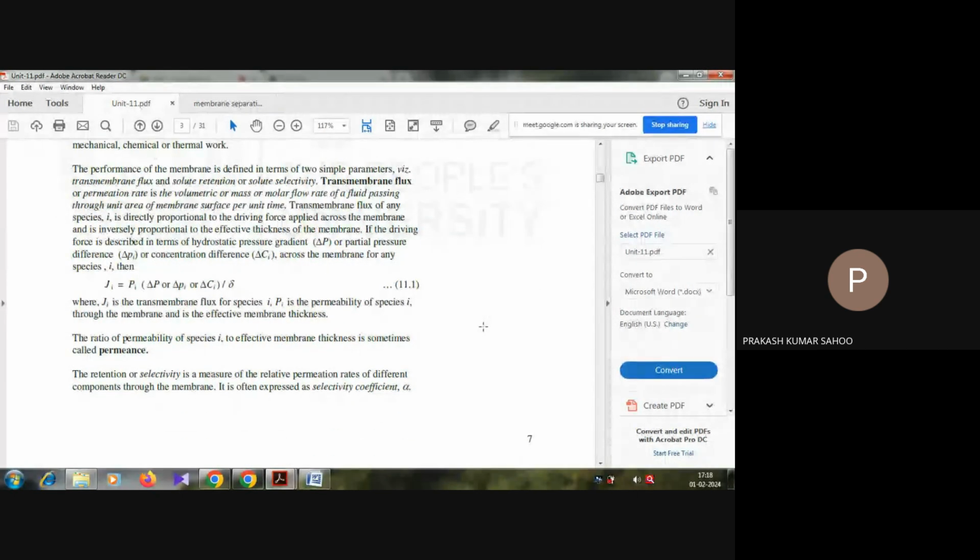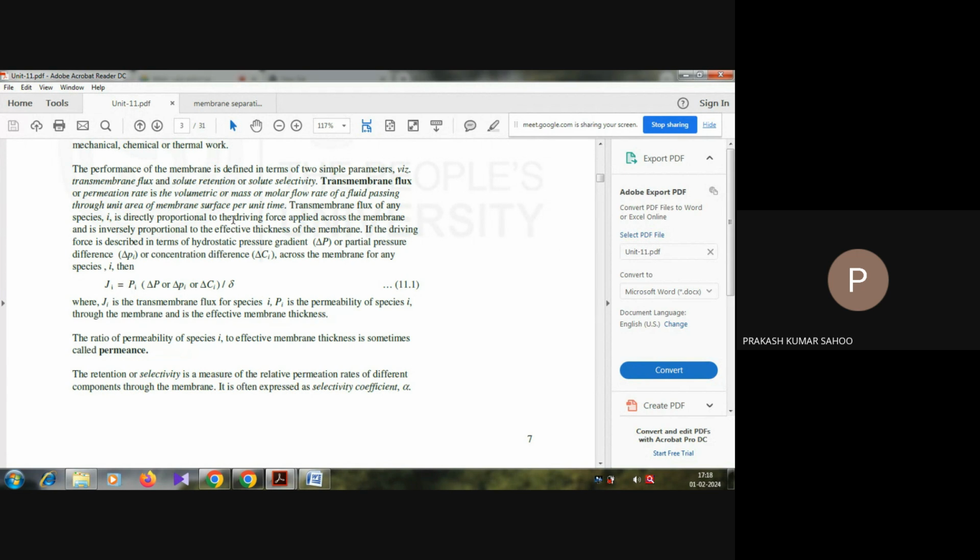The performance of a membrane is defined in terms of two simple parameters, that is transmembrane flux and solute retention or solute selectivity. So the transmembrane flux or permeation flux, this transmembrane is nothing but your permeation.